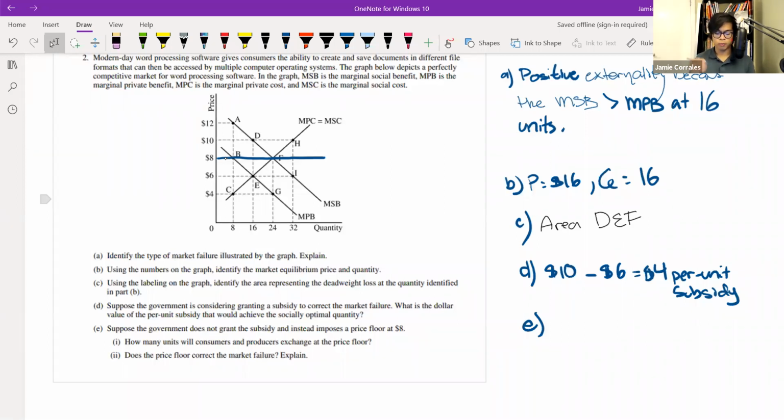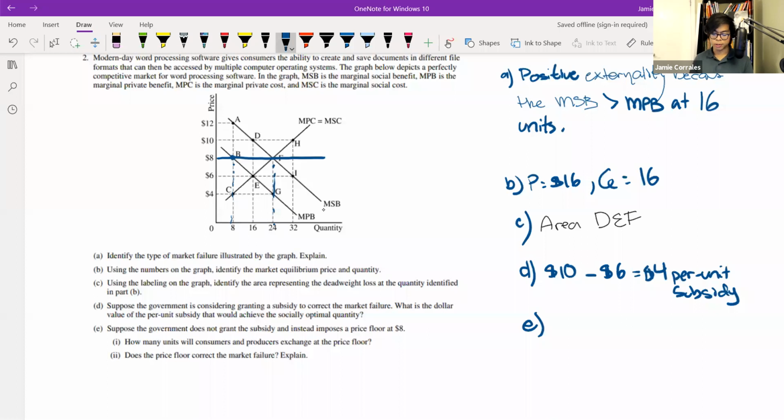What we can see here is that it's above the market equilibrium price of $6. So if we refer to the demand curve at a price of 8, only 8 people want to consume it. But suppliers, if we go to the marginal private cost curve, which is the supply curve, there are 24 units willing to be supplied in this market.